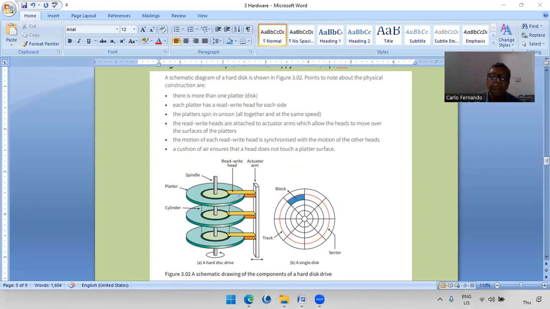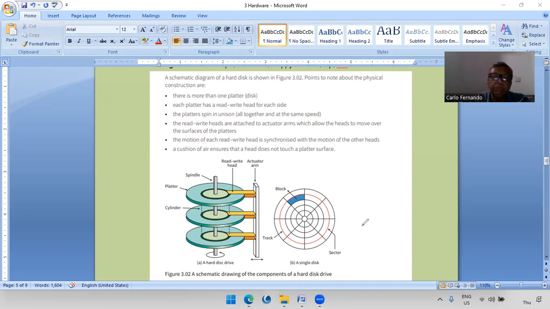Where the air is traveling through this, it will lift like a plane. The plane goes fast on the ground, and due to the drag, the pressure of the air, it will go up. Same way, this will also raise a little bit. So it's not touching. A cushion of air ensures that a head does not touch a platter surface.